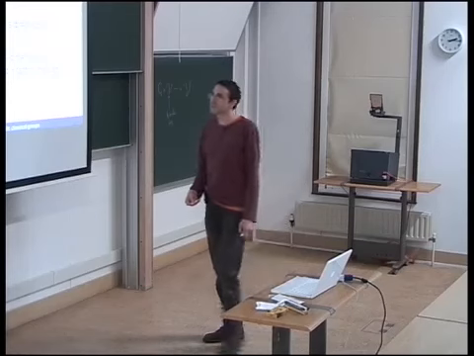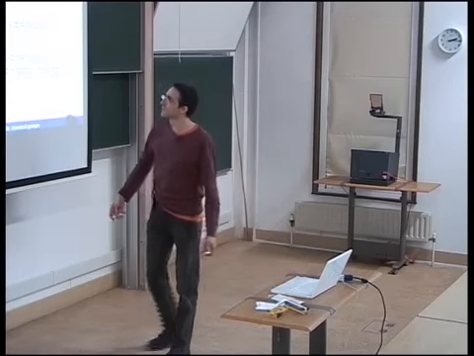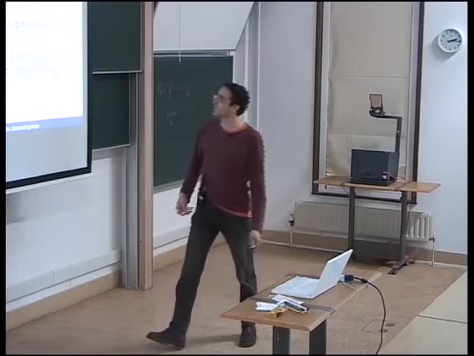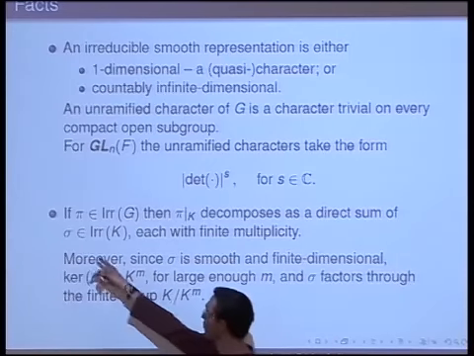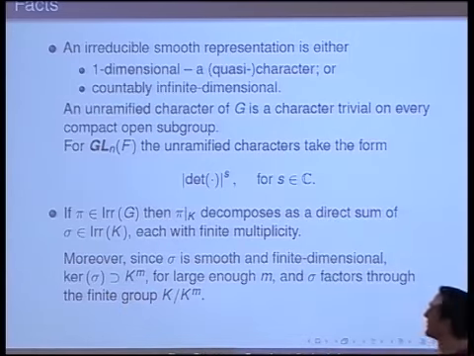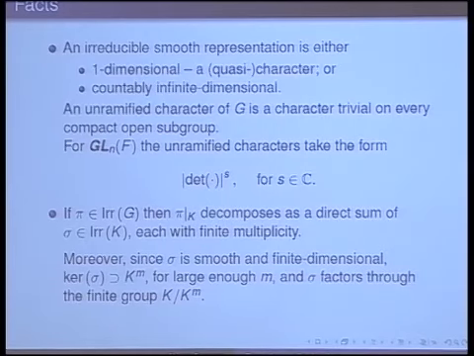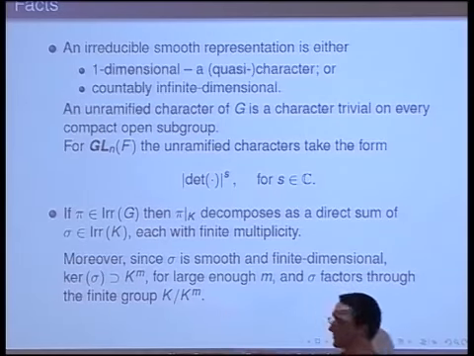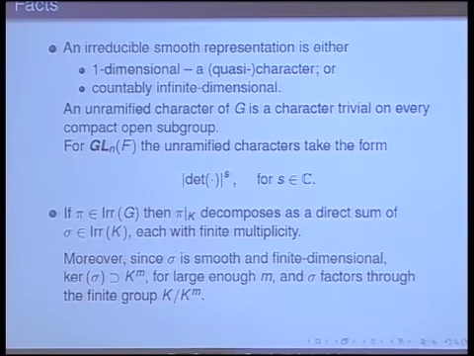Also, since the representation is smooth, if you take one of the irreducible summands, this is a smooth and finite dimensional representation of the compact group now. And so it factors through some finite quotient, some quotient by these filtration subgroups that we had. So we're really looking at representations of finite groups.